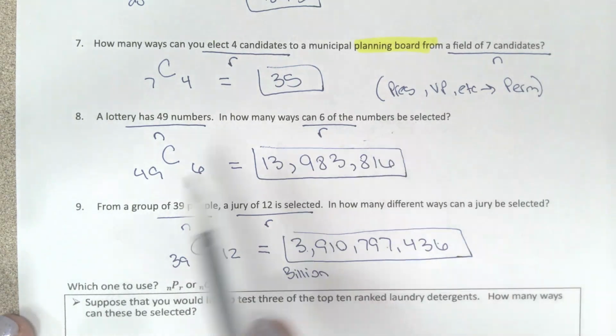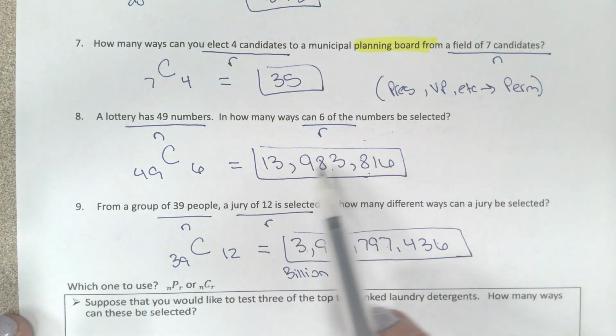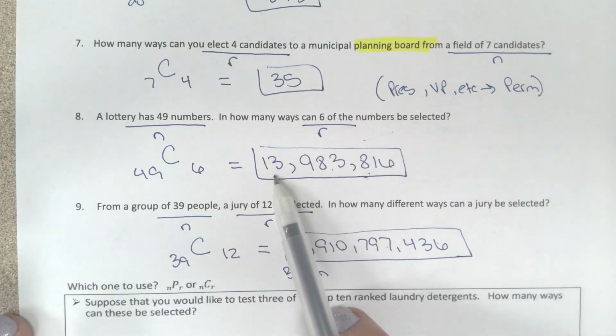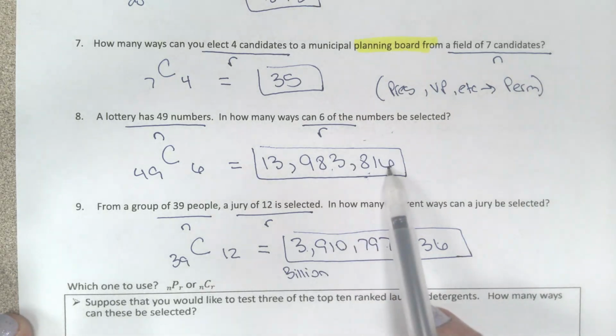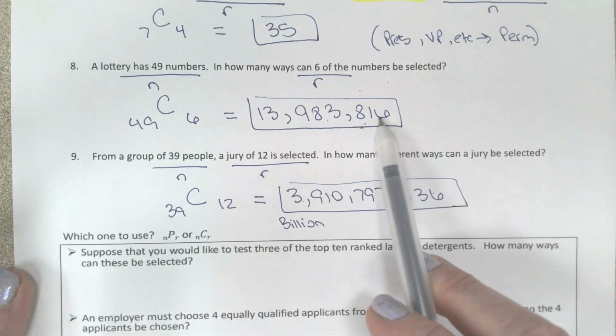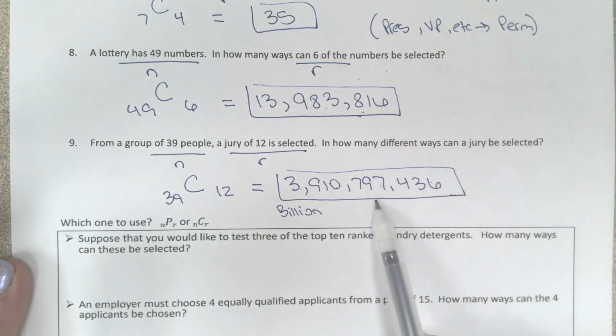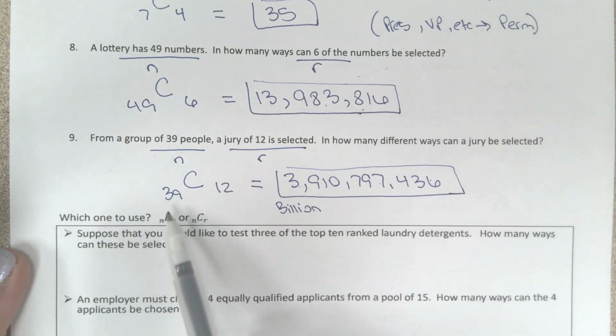A lottery has 49 numbers, and why should I not play the lottery? Hundreds, thousands, millions. Because there are 13,983,816 different ways that you could draw a ball from the hopper. The chances of winning are very slim. This one may have been quite surprising.